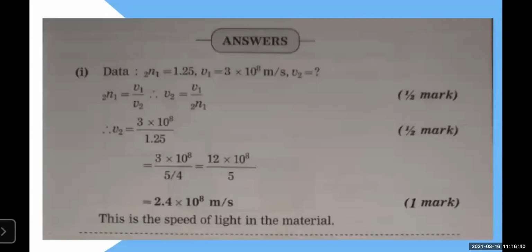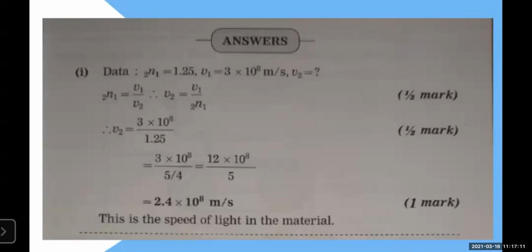V1 is the velocity in air. Whatever light is coming from the air, it is passing through the other medium. So it is coming from the air first. So velocity, that is V1, is equal to 3 into 10 raised to 8 meter per second. And V2, you have to find out the speed in the other medium.